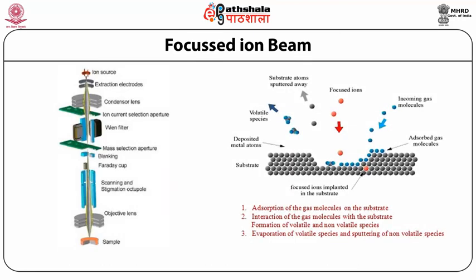So continuing our discussion over the FIB system, the left hand side figure shows the various components of the FIB system and the right hand side one shows a milling process in FIB. As evident from this figure, the gallium, that is Ga+, primary ion beam hits the sample surface and sputters a small amount of material which leaves the surface as either secondary ions, I+ or I-, or neutral atoms N0.